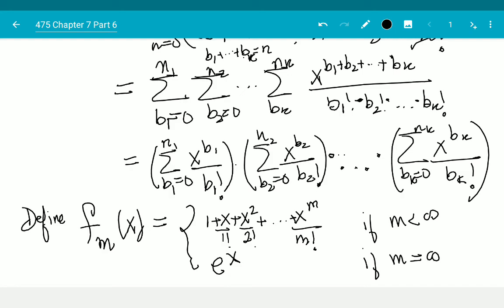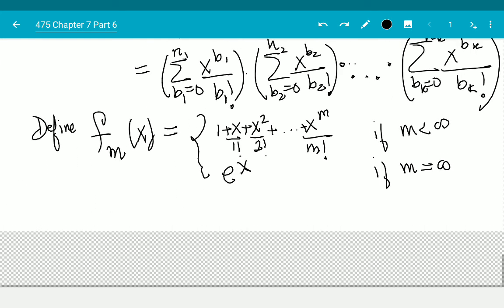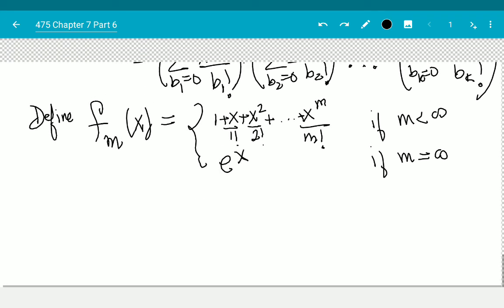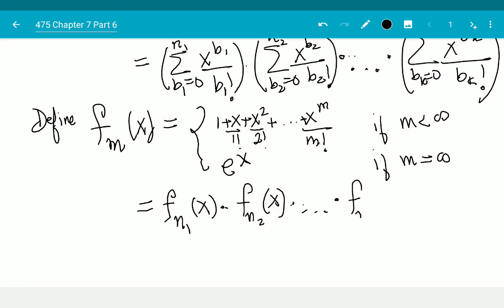Okay, if I define it like this, then all these sums of bi's that I have over here just become fn1 of x multiplied by fn2 of x multiplied by dot dot dot multiplied by fnk of x.